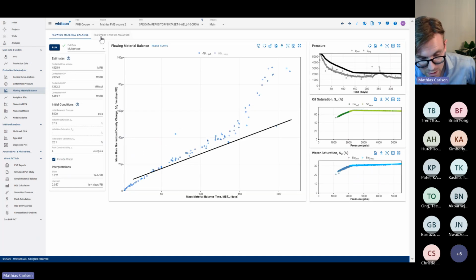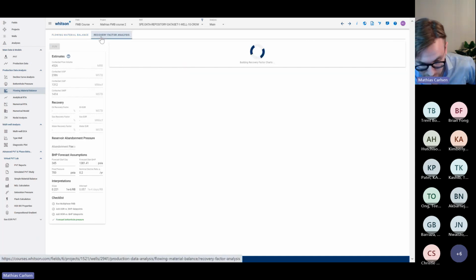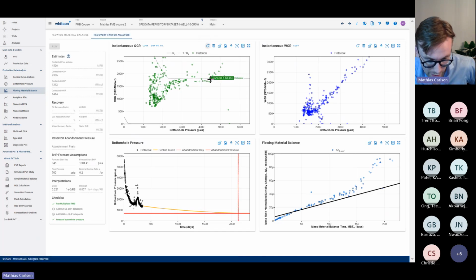So when you have that in place, you go to your recovery factor analysis. You go ahead and add these points. The same goes here. Just make sure that your data points have a positive intercept right here. Once you're happy with that, you simply click run.